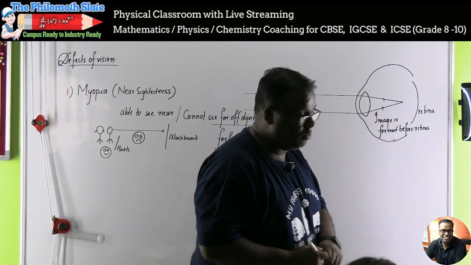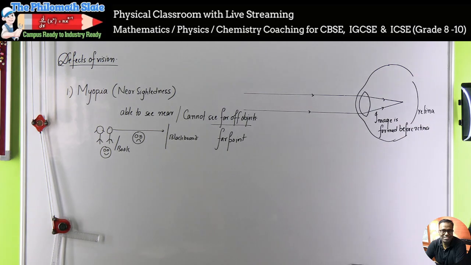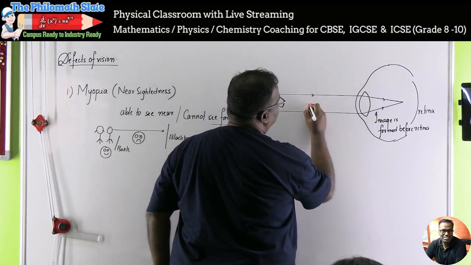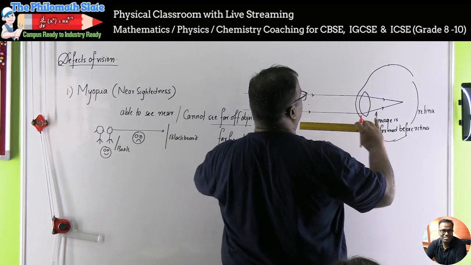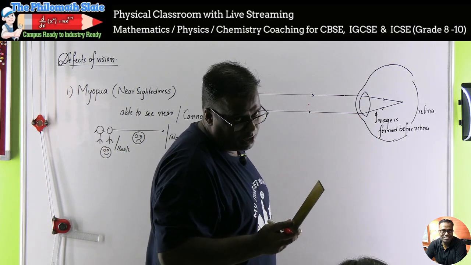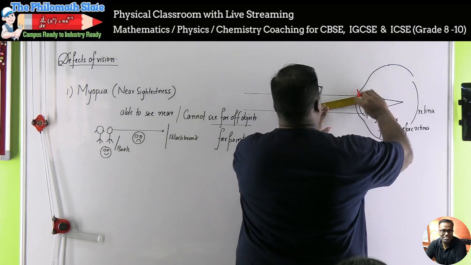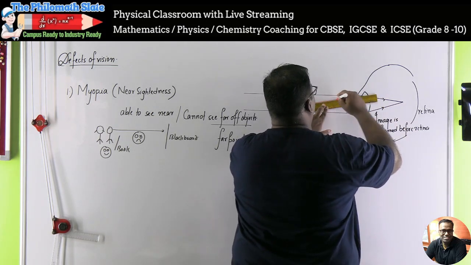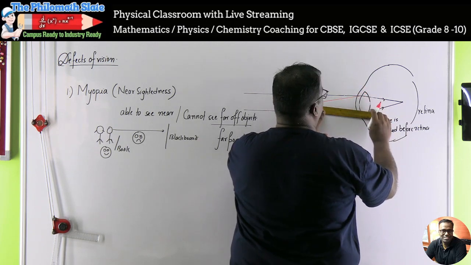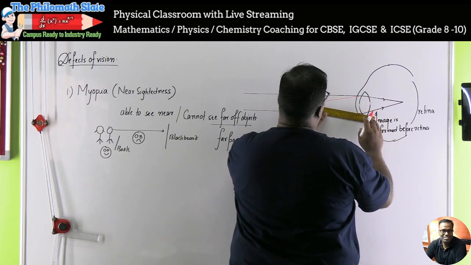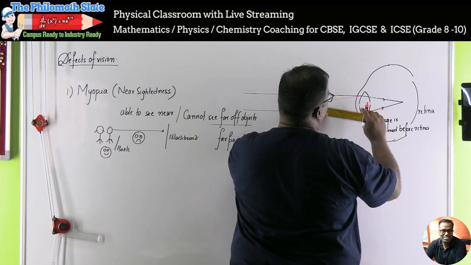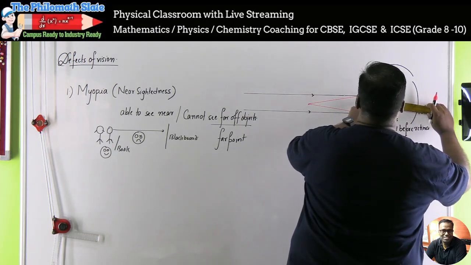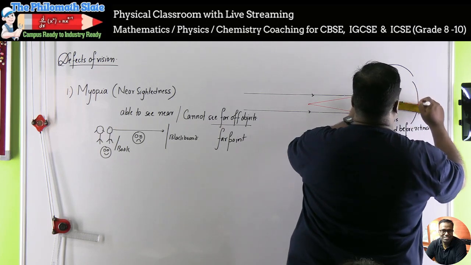Say suppose now we have to draw the correct thing also for you. Say suppose you are watching something which is nearby. Can you see nearby objects in a myopic eye? Yes. If you can see nearby objects, then in case of nearby objects, your image will be formed exactly at retina. In the book there will be 2 diagrams for it. Here I am doing it in 1 diagram.